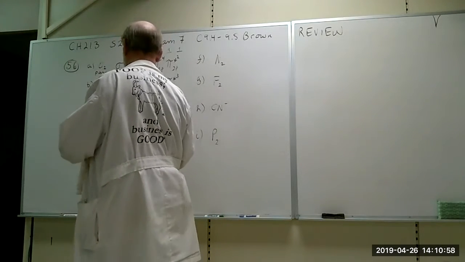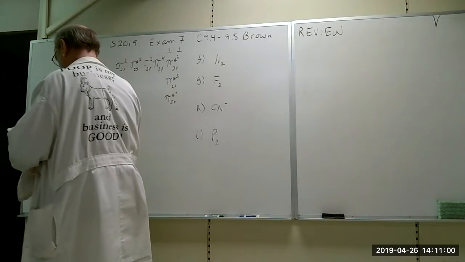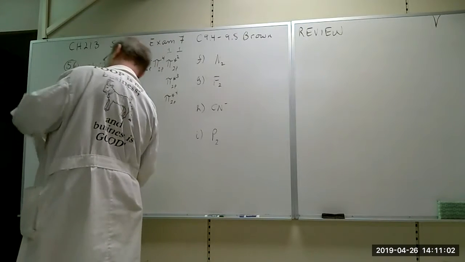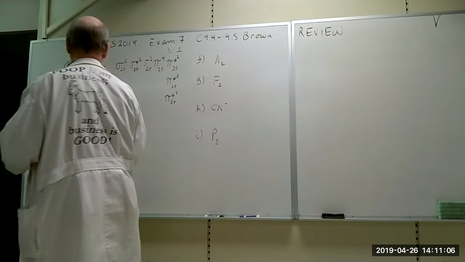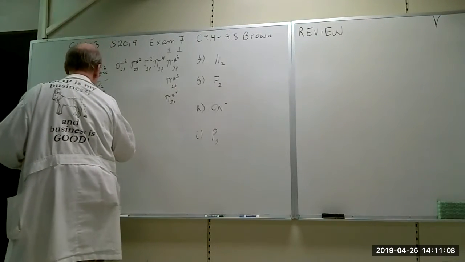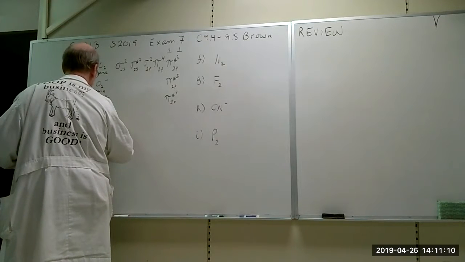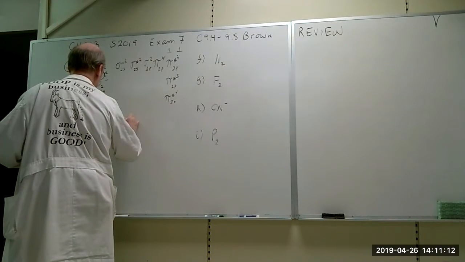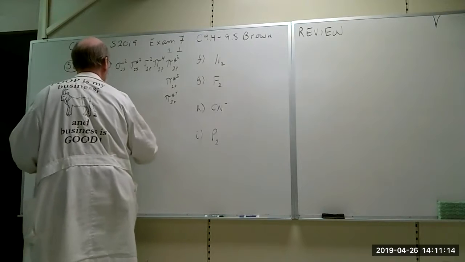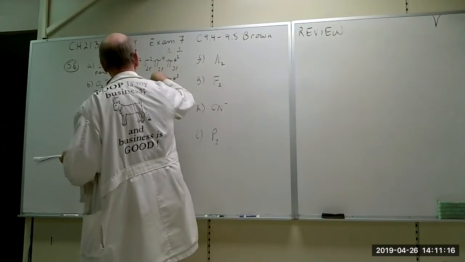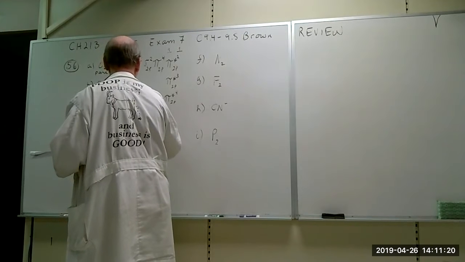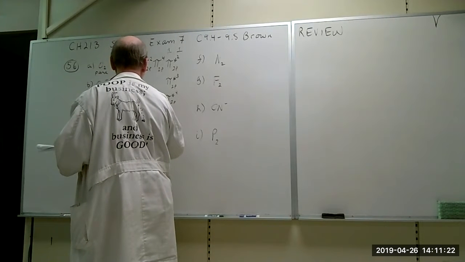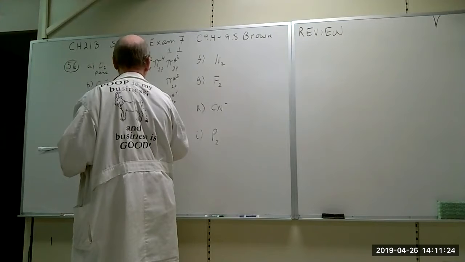Now, boron. So boron, we'll go back over here. Look up boron. Boron is going to have mixing. So we've got sigma 2s, sigma star 2s. Then we're going to put that pi down here, pi 2p. Then we're going to have sigma 2p.